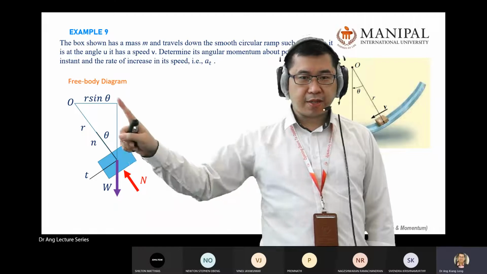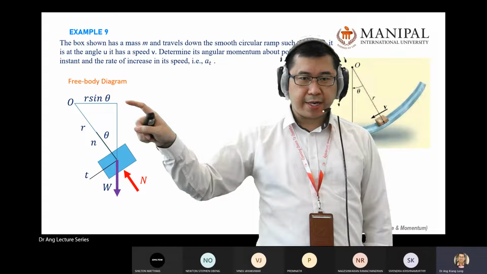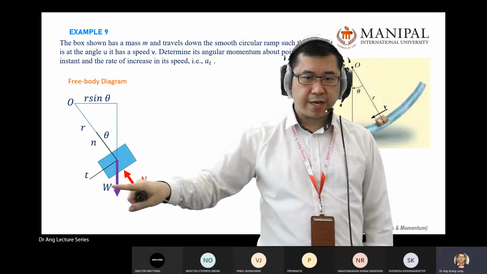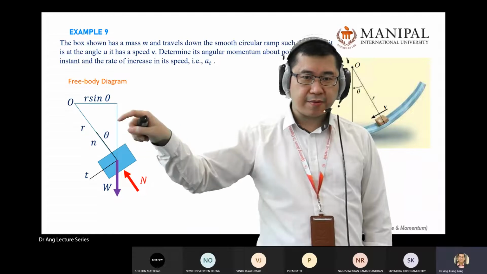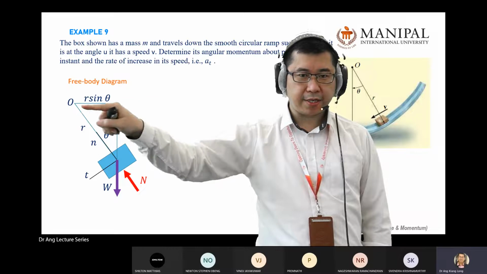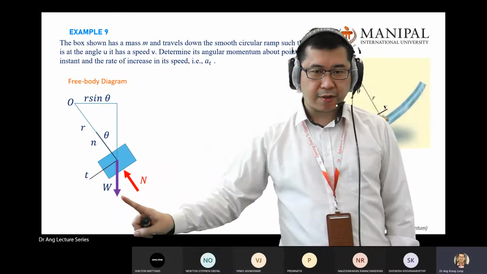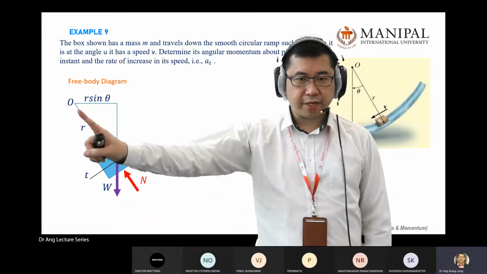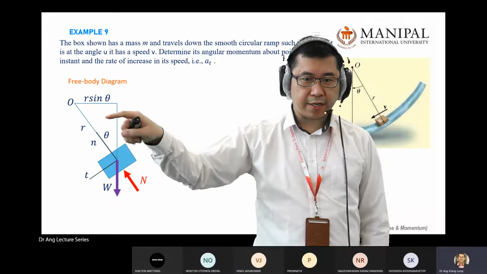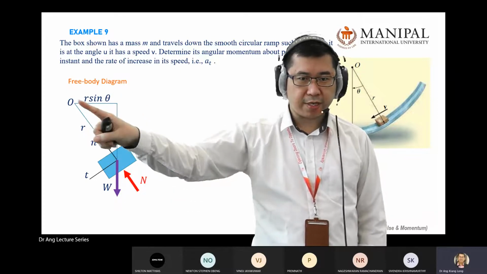Moment is the force multiplied by the 90-degree distance. F times D. You get moment because of the weight here, referring to O. F multiplied by D, like what you learned in your physics, moment. That's why I need to find this one.